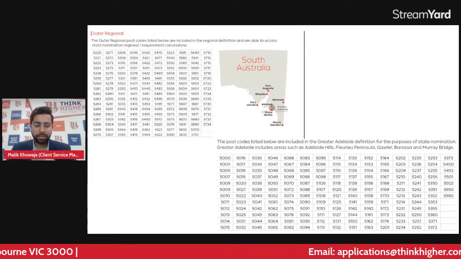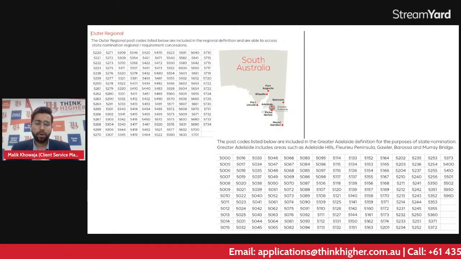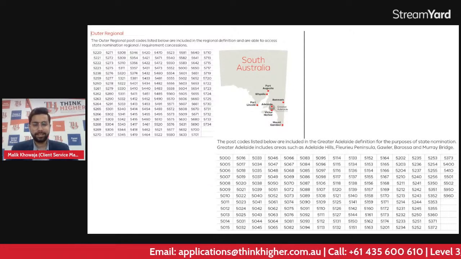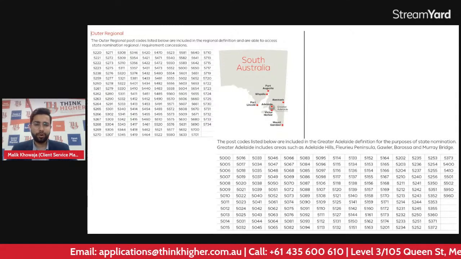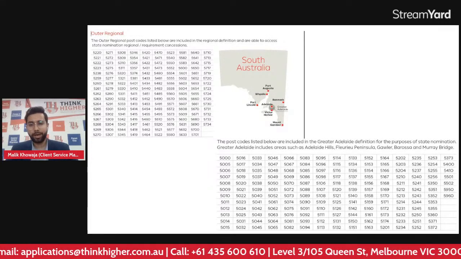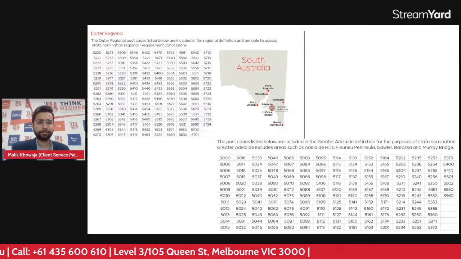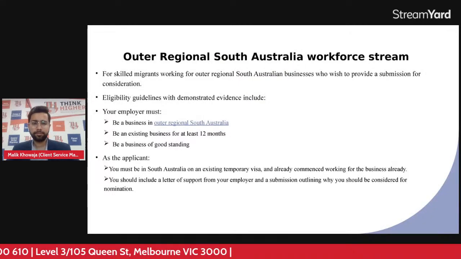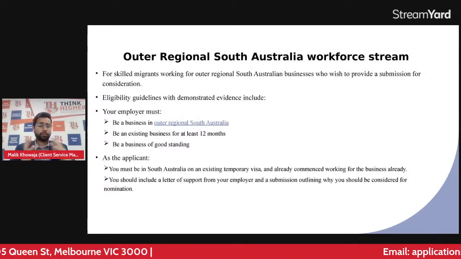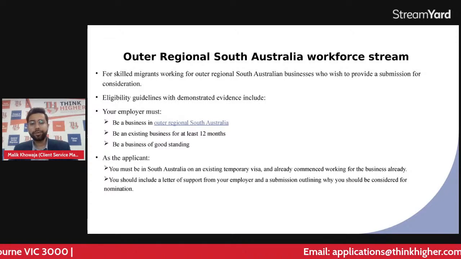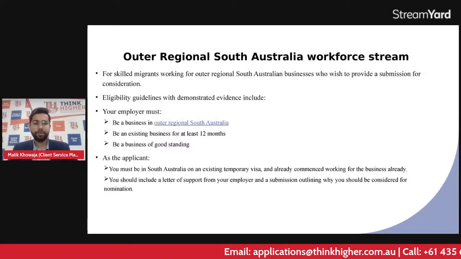You can search these postcodes on the South Australia website easily, or you can contact us and we will be able to guide you on that. Let's get back to the previous slide. So we have already discussed the outer region of South Australia, the postcodes and the regions.